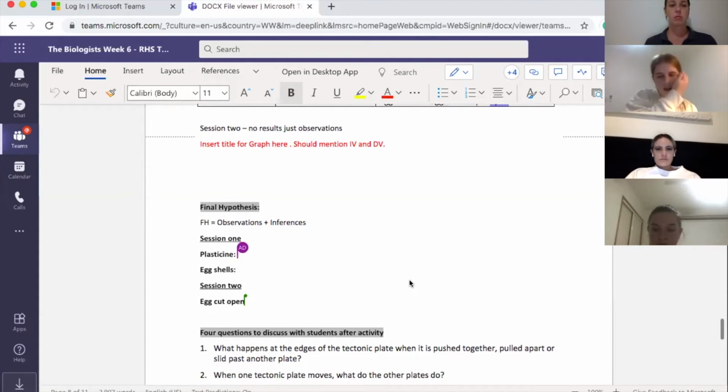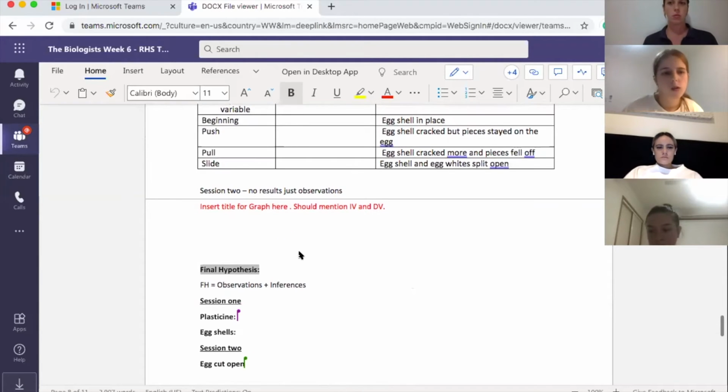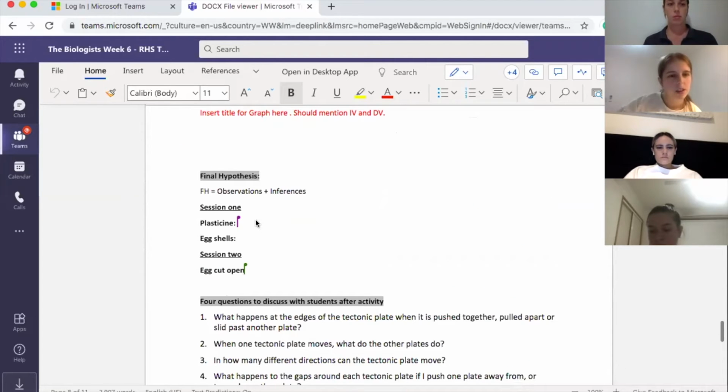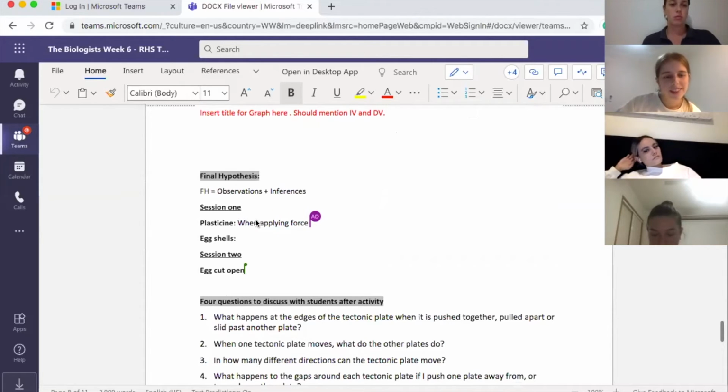It was all about force. When applying force to the plasticine, it moved.